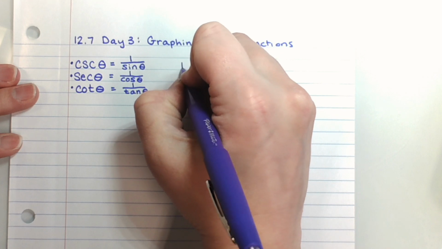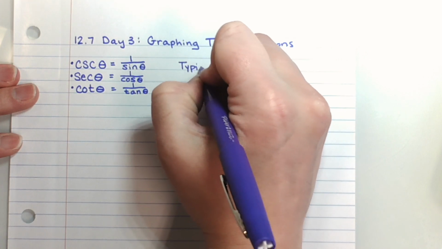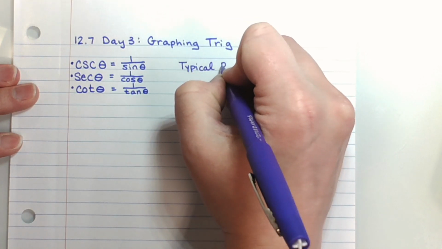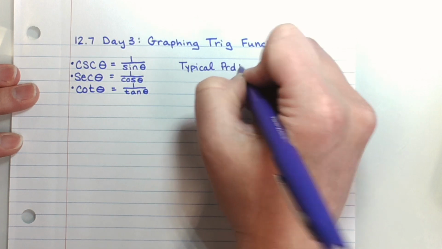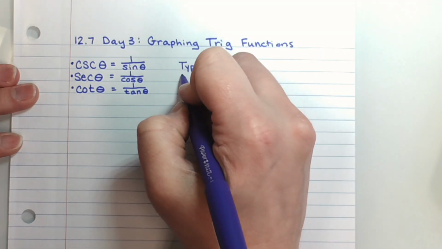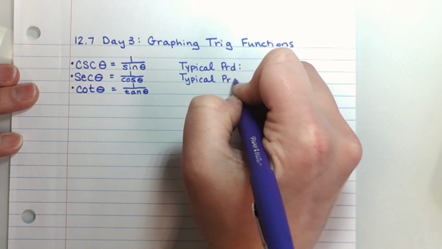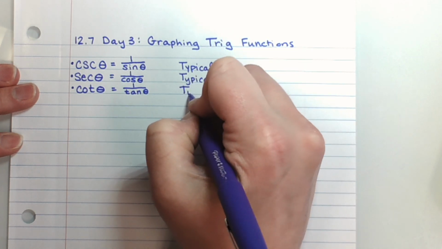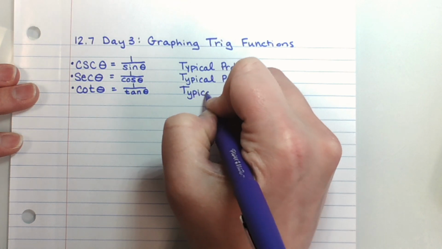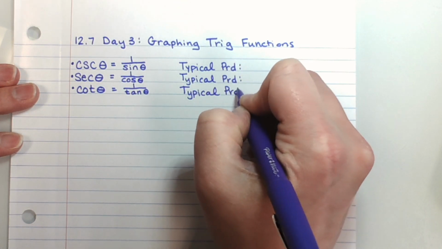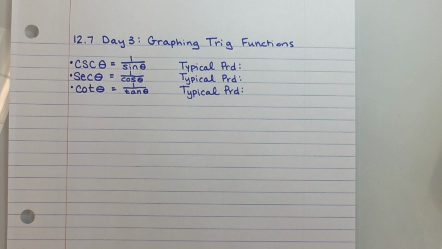Now, being reciprocals means that the typical period of the graph will follow the period based on the sine, cosine, or tangent. So cosecant's period will be the same as what sine's period would be for that function.